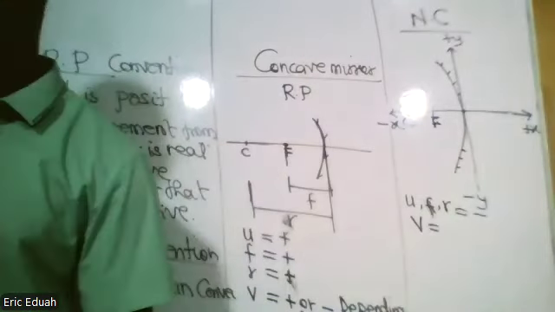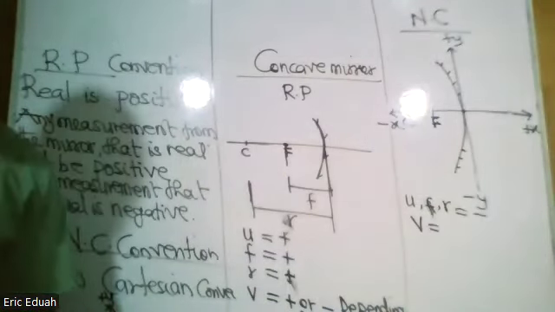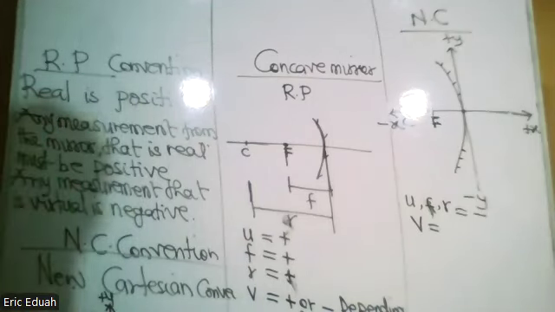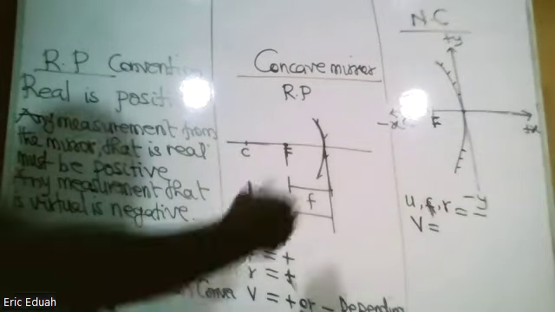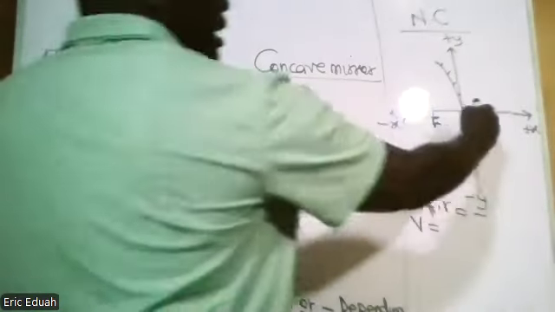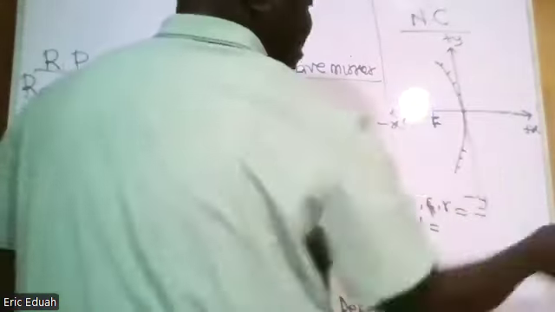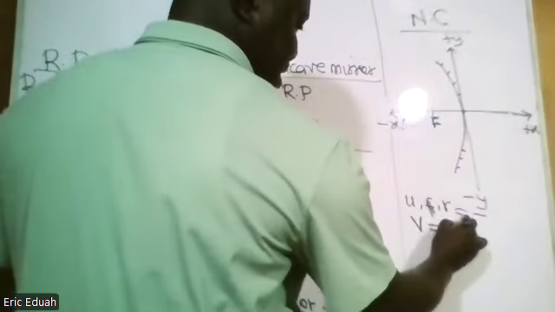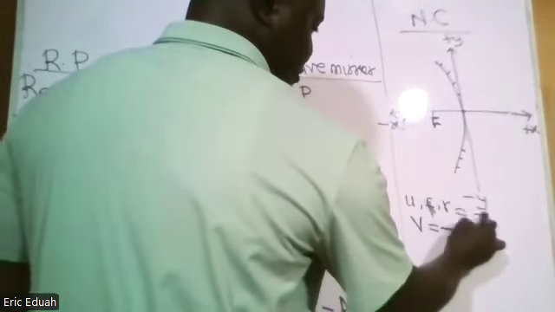Will it be positive or negative? I think this will be negative. Clearly, it will be negative because real images in mirrors will always be in front of the mirror. Virtual images will always be behind the mirror. So if image is real, V is negative.